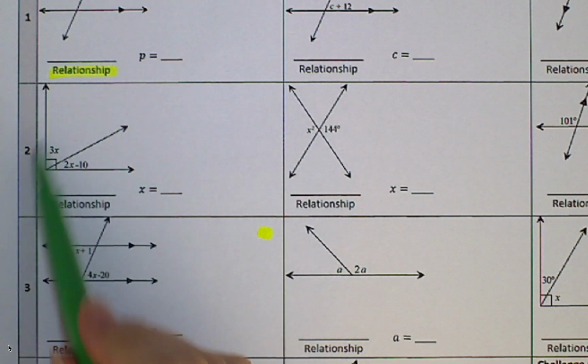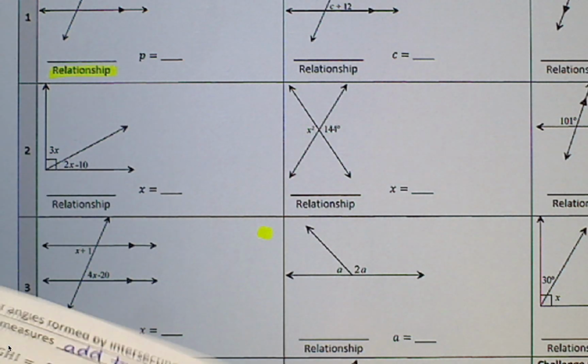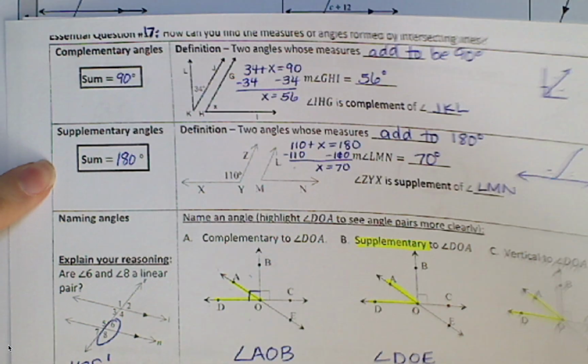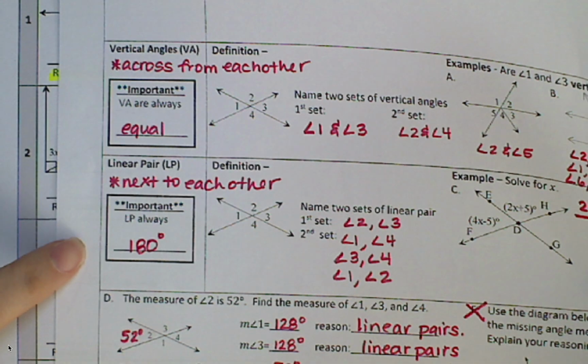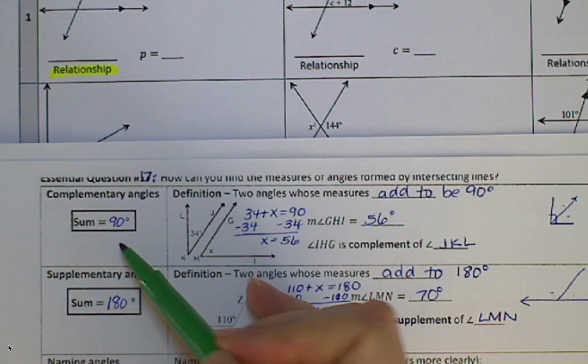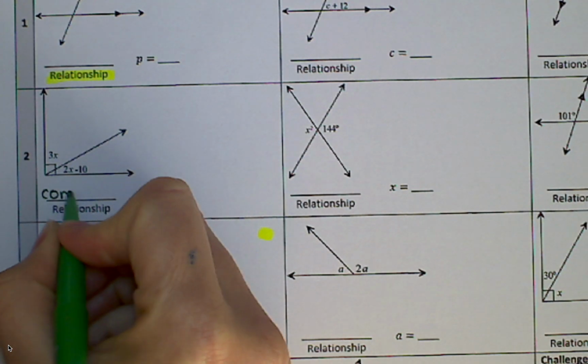So we have to look at those definitions. For instance, on this one, you'll notice that it is a box, which is a 90-degree angle. So if you look at this, you say, okay, complementary is 90 degrees, supplementary is 180. Vertical is equal to each other, linear pair is 180. So the only one that's 90 degrees is complementary. So therefore, the relationship here is complementary.